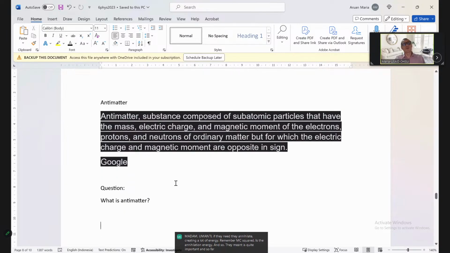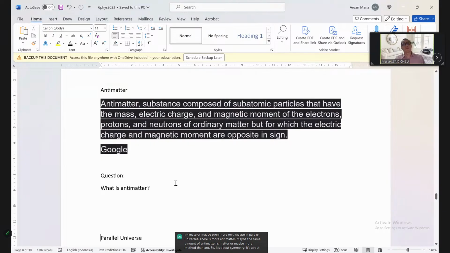And so far, we observe much less antimatter in our part of the universe than matter. This is called parity violation, or symmetry violation. So maybe in other parts of our universe there is the same amount of matter as antimatter, or maybe even more antimatter. Maybe in parallel universes there is more antimatter, maybe the same amount of antimatter as matter, or maybe more matter than antimatter. So it's about symmetry, it's about parity.